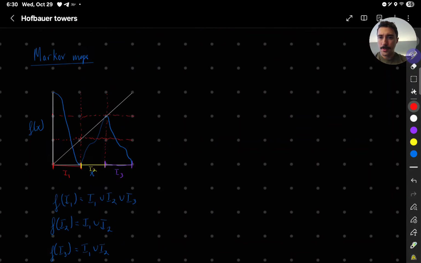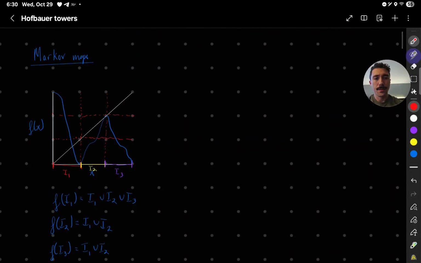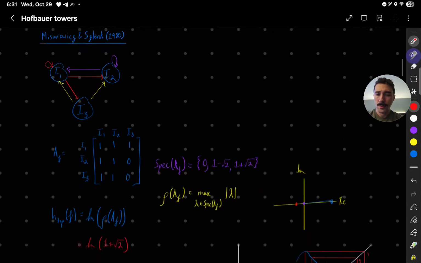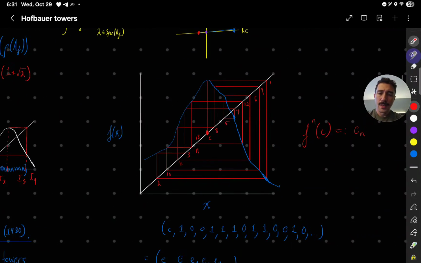So that is the unimodal Hofbauer tower construction. It gives us our canonical Markov extensions, and this idea of canonical Markov extensions does extend to other maps of different dimensions.